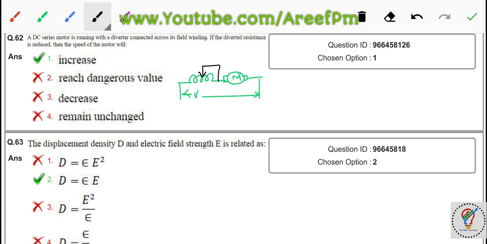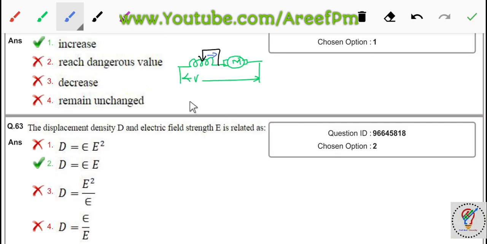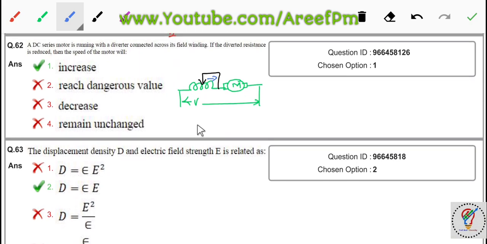Now what is happening here is we are decreasing the diverter resistance. Diverter resistance means this part we are diverting, and we are reducing this part. So as we are decreasing this part, the resistance of the field is going to increase, because we are increasing the number of turns.